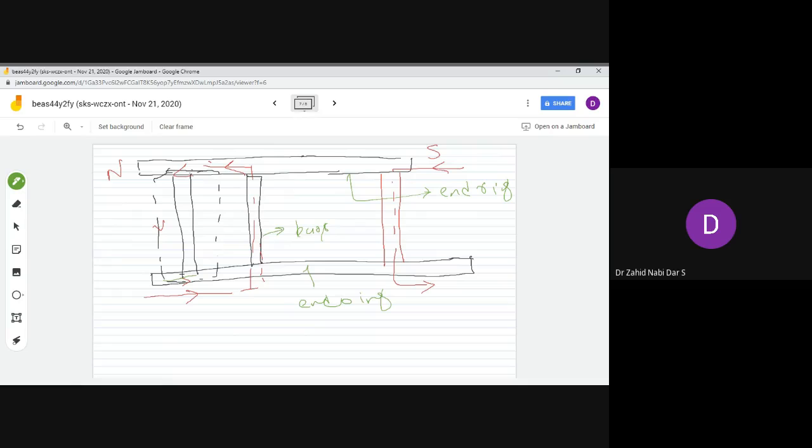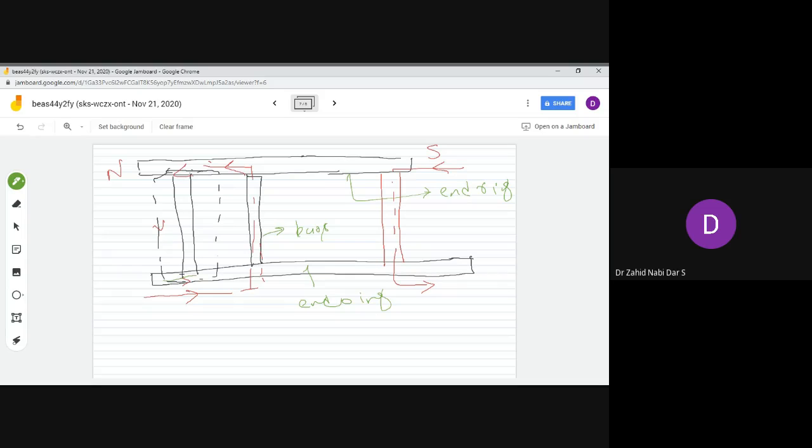After this much analysis, can you tell me what can be the maximum current? See, how many bars are there per pole? Here we can see there are one, two, three. So it would depend upon the number of bars per pole divided by 2, into the current in the rotor bar.